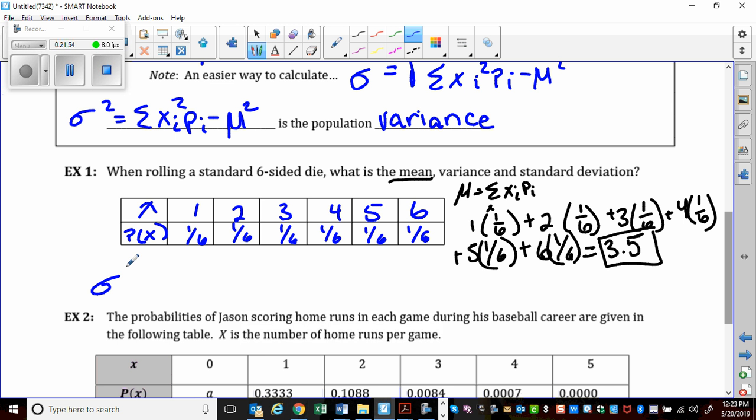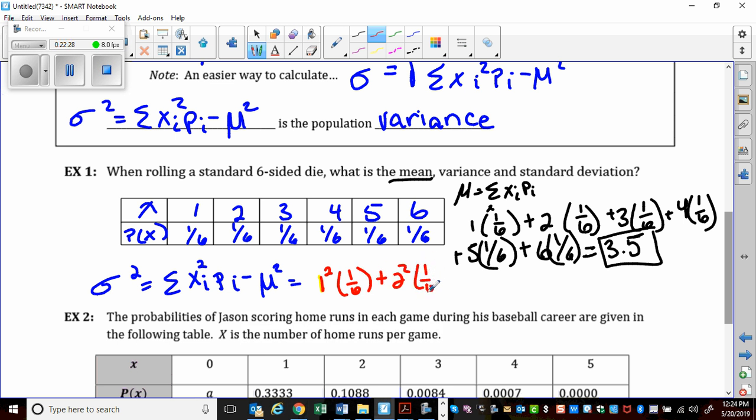To get our variance, this is going to be, remember, the summation of x sub i squared p sub i minus the mean that we just found out. So we need the mean in order to do this, squared, which is equal to 1 squared times 1/6 plus 2 squared times 1/6.